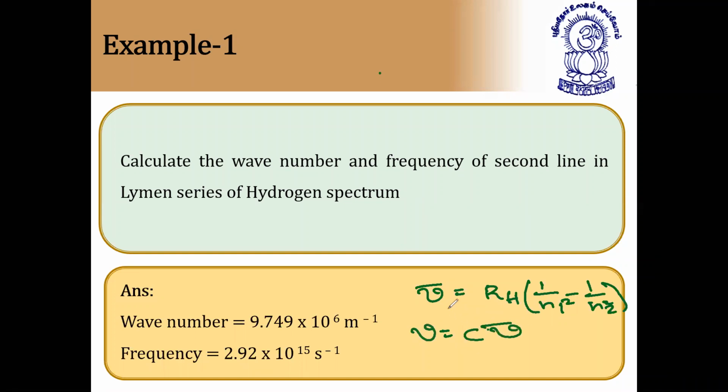The nu bar is called the wave number. From the first equation we get the wave number, and you can substitute to get the frequency also. Nu is equal to c into wave number, because 1 by lambda is the wave number. So frequency is equal to c by lambda. This is the answer. I hope you can understand this. Now, next question.